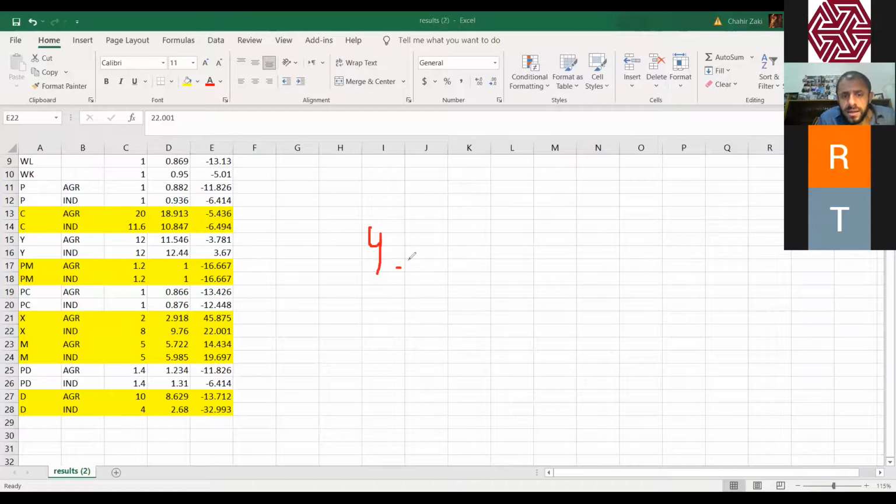So the y is equal to d plus x, right? So if my x increases for agriculture a lot, but the demand for agriculture decreases. So this means that the y of agriculture should increase or decrease.